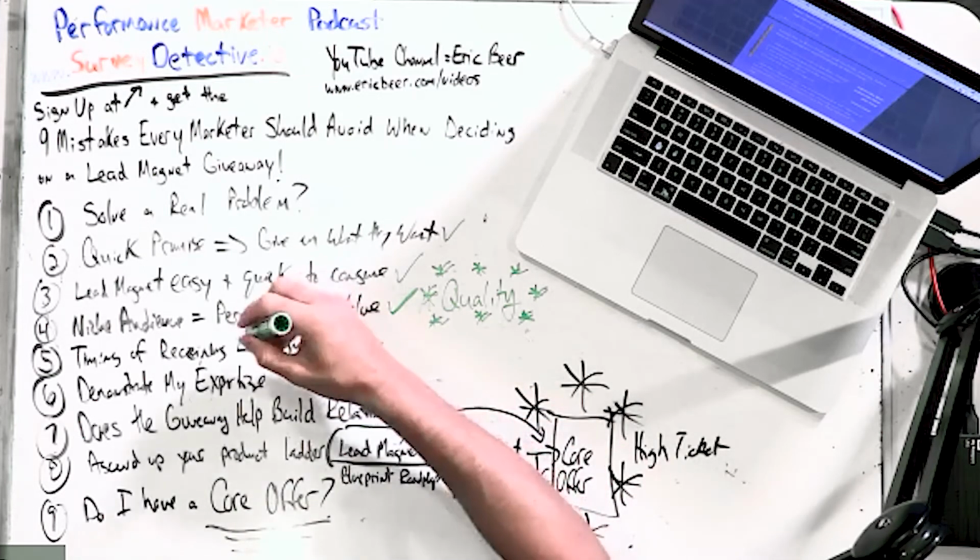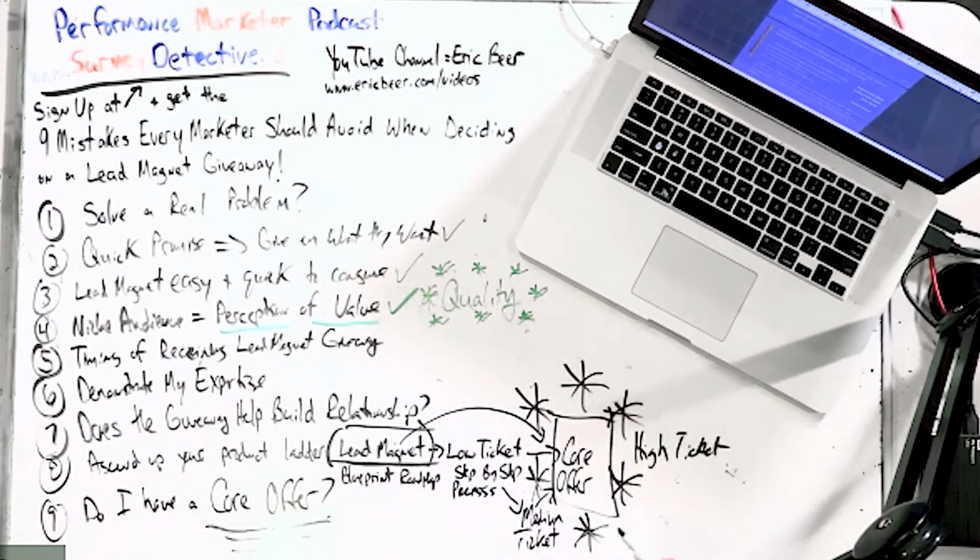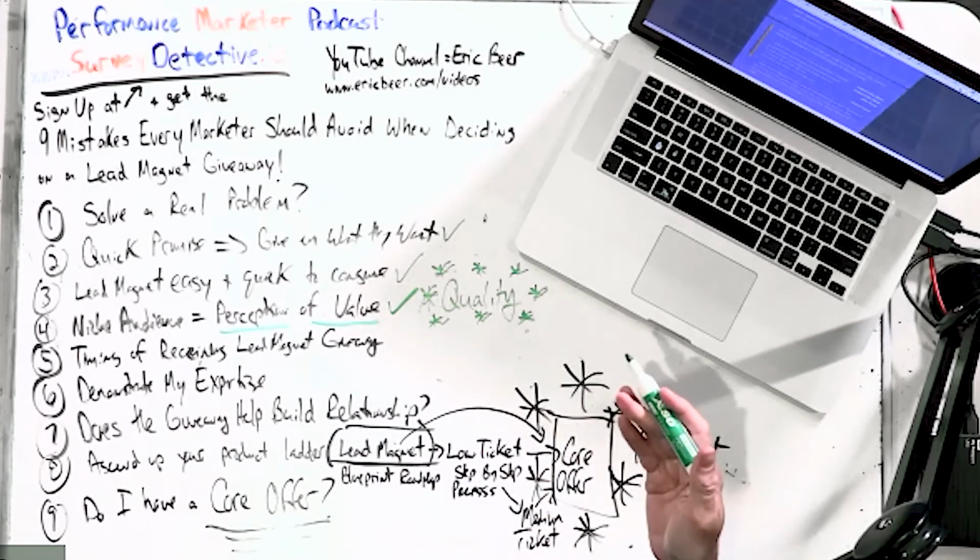And if that's the case, then the quality of your leads is going to stink, and you're never going to be able to convert those people into customers. So you want to give away something that is perceived as valuable only by your target market. People that are going to become your diehard customers. People that are going to be willing to do anything to get your content.